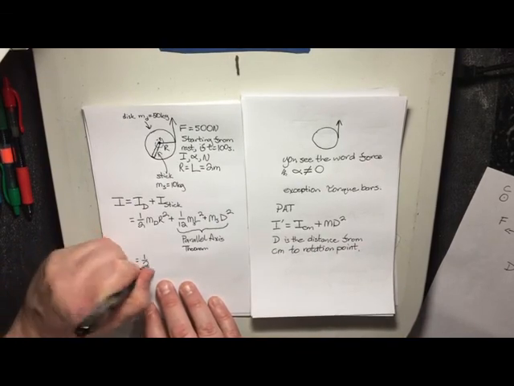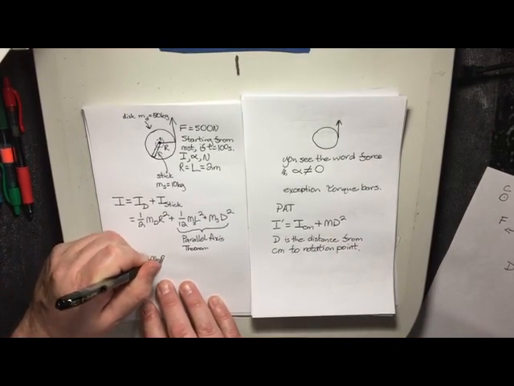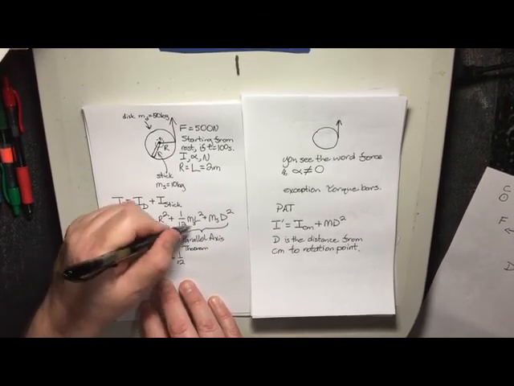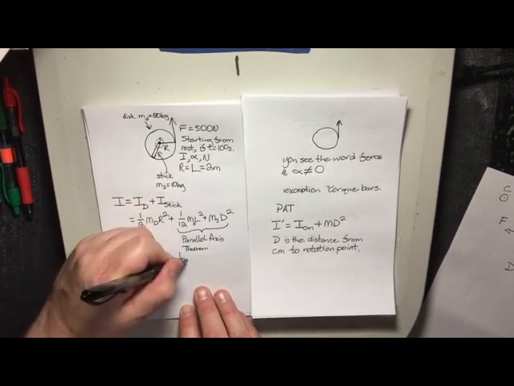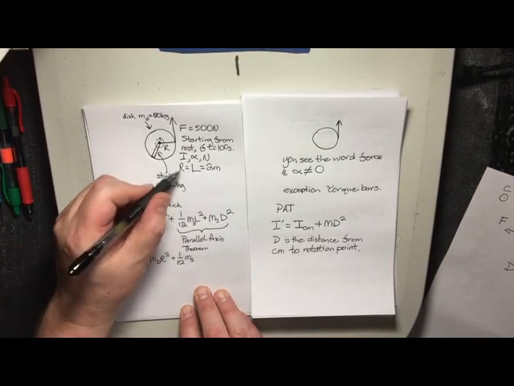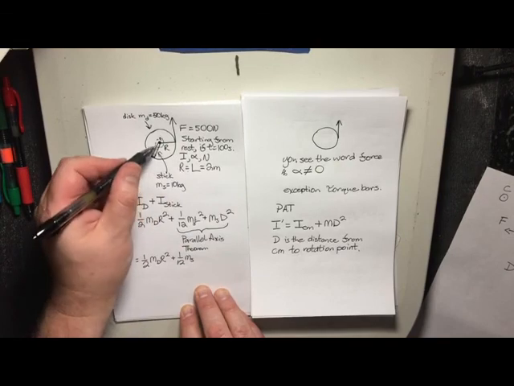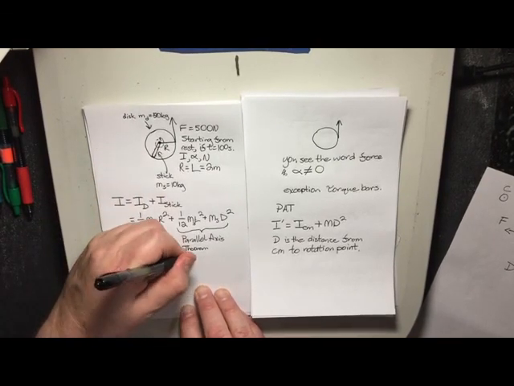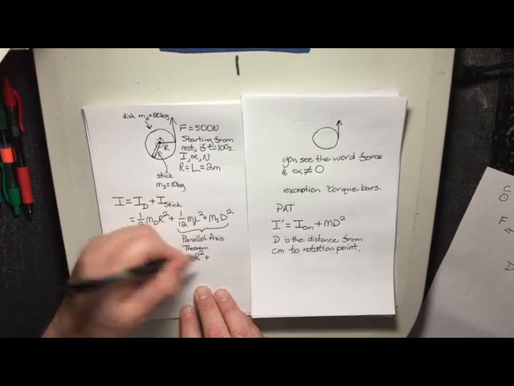So 1/2 m_d r squared plus 1/12 of the mass of the stick, m sub s. L in this case is the same as r because I set the stick to be the same length as the disc, so this means it's r squared.